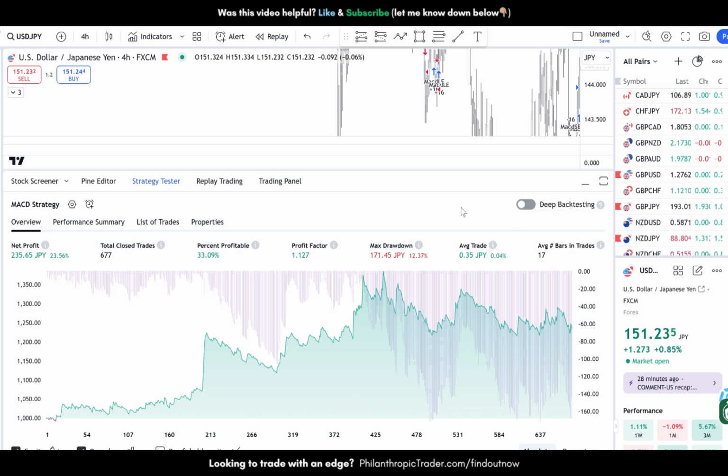So don't put all your eggs in one basket. I don't know what it's called in English, but don't bet on one horse, right? And just spread your risk. And then you don't need all the crazy 100 indicators displayed on your screen to make it all cluttered.